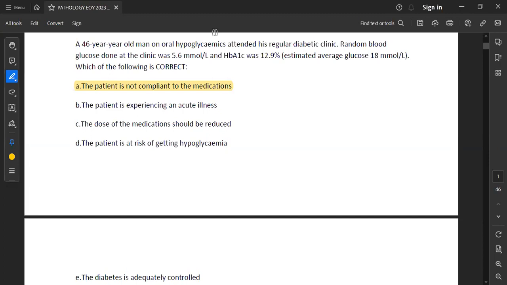Yeah, I'm seeing someone suggesting on the chat, could it be that he took the oral medication that very day to lower the glucose? That could also be possible. He knew he was going for a regular checkup, so maybe he took the medicine that day. But if this person wasn't taking medication as directed by the physician, that would show in the HbA1c being high. Yes, I think I'll go with the medication that very day. Thank you.